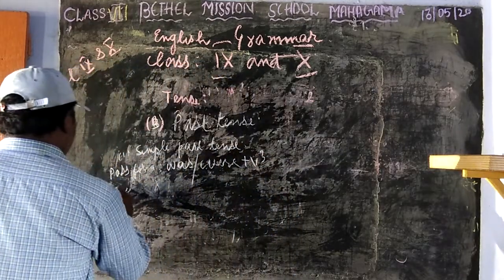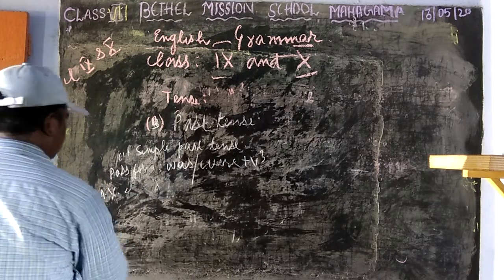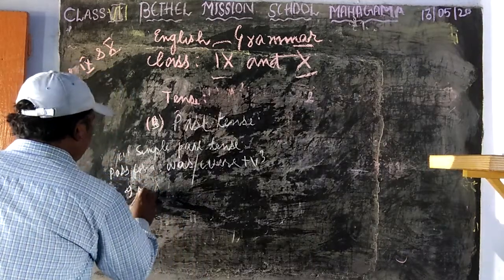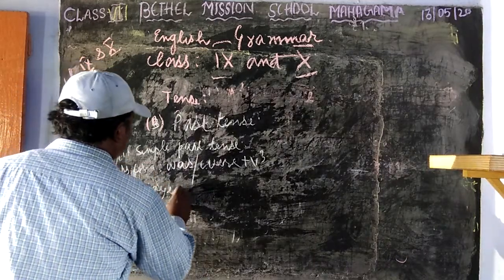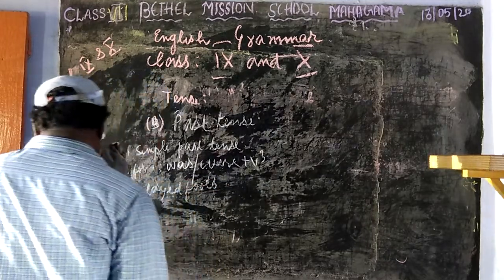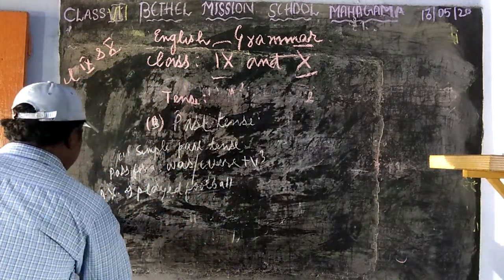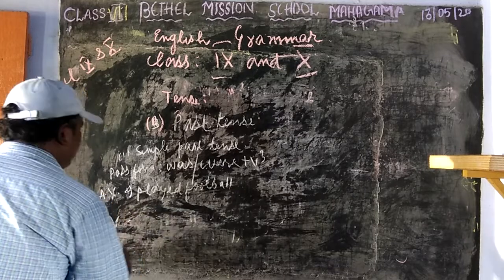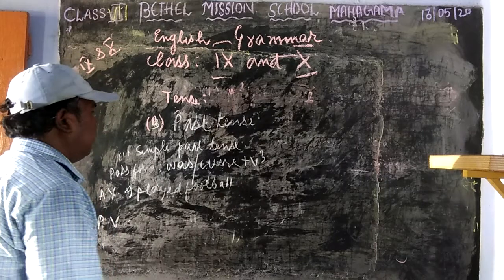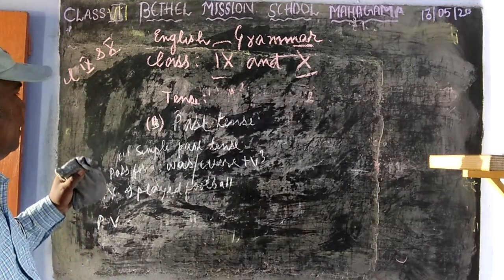Example, active voice: I played football. Passive voice is football was played by me. So that is the sentence in simple past tense.